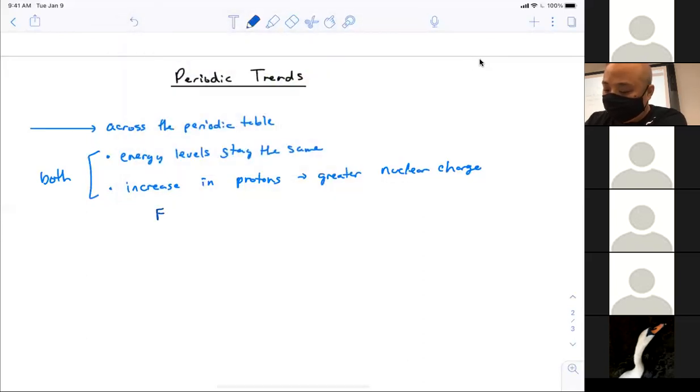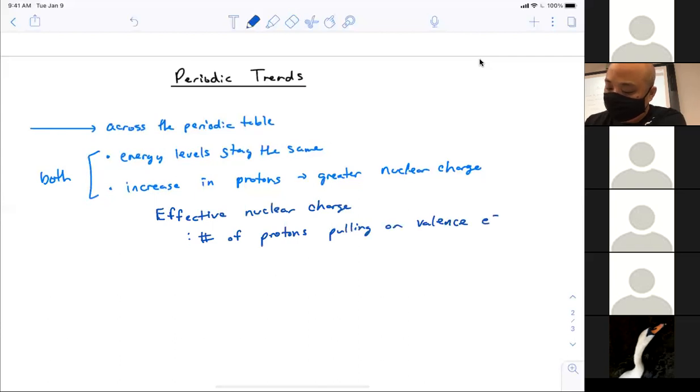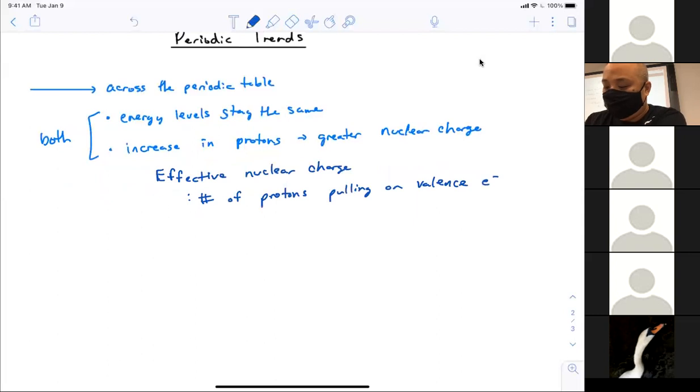They'll usually call this effective nuclear charge, which is essentially the number of protons pulling on the valence electrons. If you assume every proton pulls on one electron, then a lot of the inner electrons are canceled out by some of the protons, and the remaining protons are pulling on the valence shell.